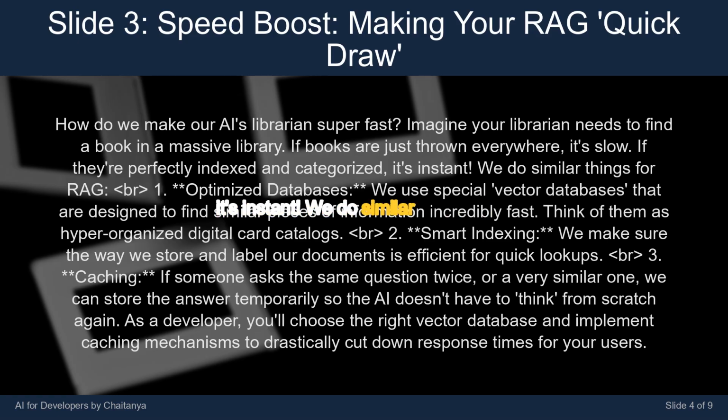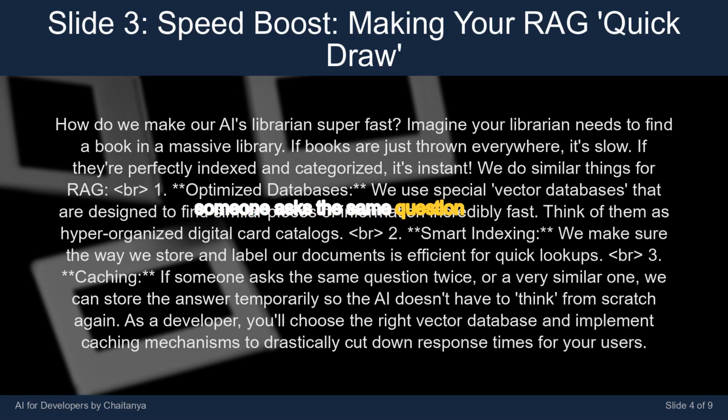1. Optimized databases. We use special vector databases that are designed to find similar pieces of information incredibly fast. Think of them as hyper-organized digital card catalogs. 2. Smart indexing. We make sure the way we store and label our documents is efficient for quick lookups. 3.